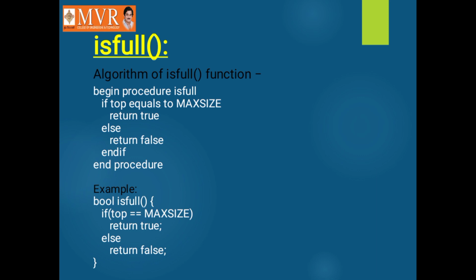If my top pointer points to maximum size, then I say that the stack is full, else I can say stack is not full, and I can perform the insertion. This operation mainly checks if the stack is full or not.